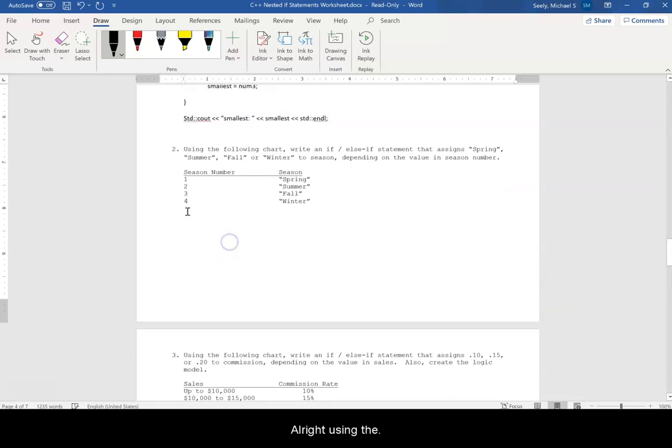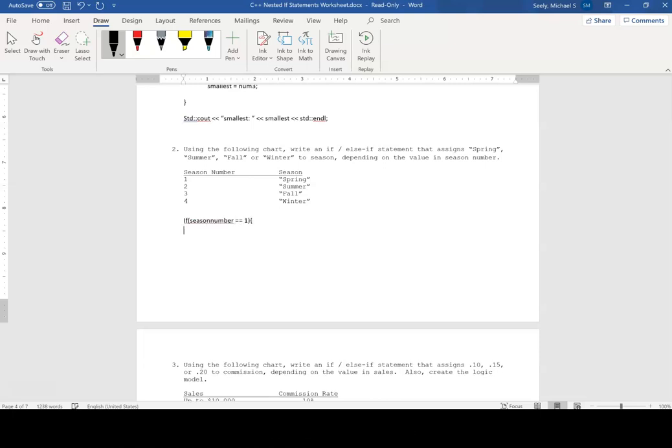All right, using the following chart, write an if-else statement that assigns spring, summer, fall to season, depending on the number. Okay, so if season number is equal to 1, then season is equal to spring.